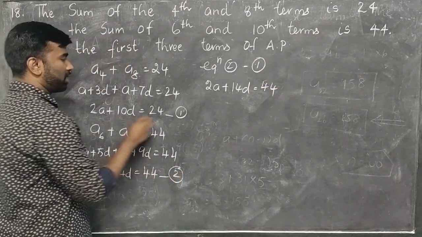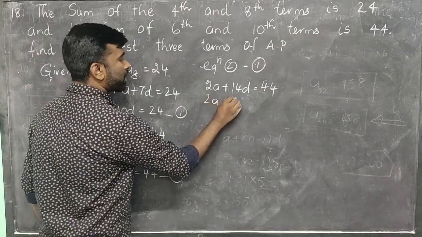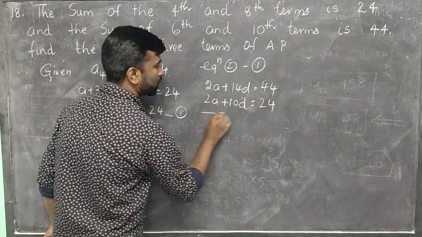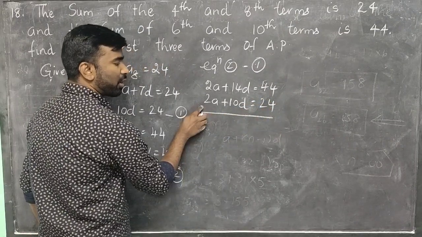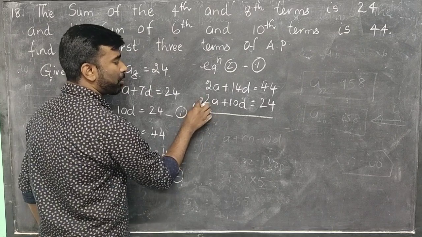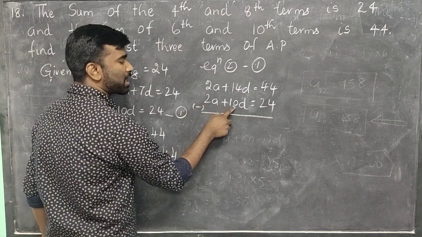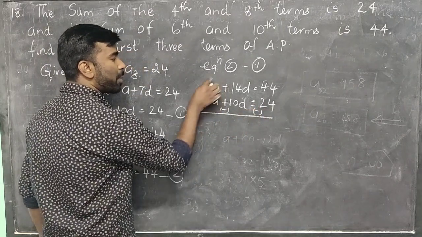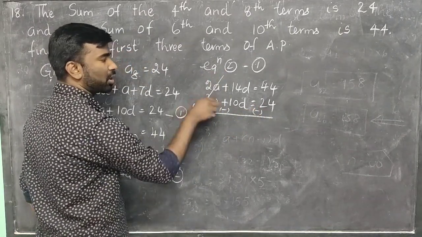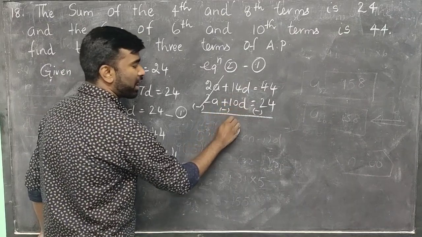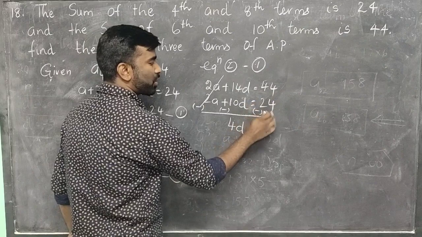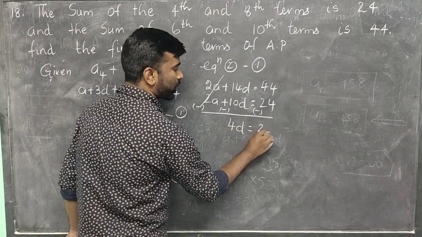What is equation 1? 2A plus 10D equals 24. On the subtrahend, all the signs get changed: plus 2A becomes minus 2A, plus 10D becomes minus 10D, plus 24 becomes minus 24. Plus 2A minus 2A cancel out. Now 14D minus 10D we get 4D, which is equal to 44 minus 24, we get 20.